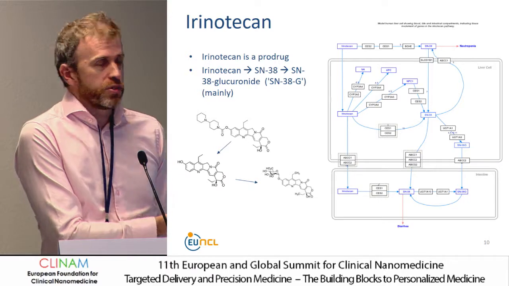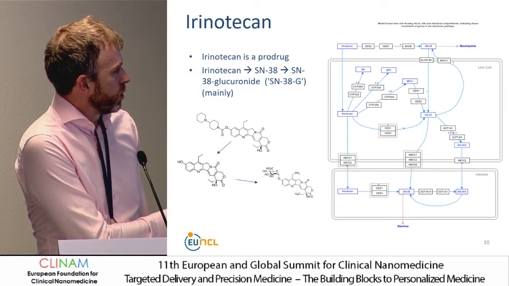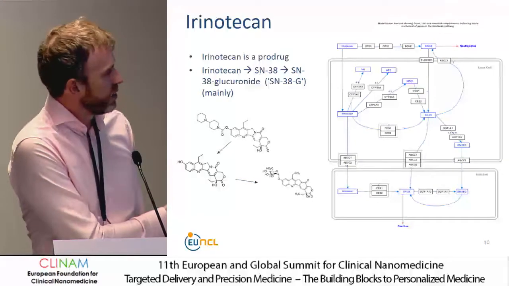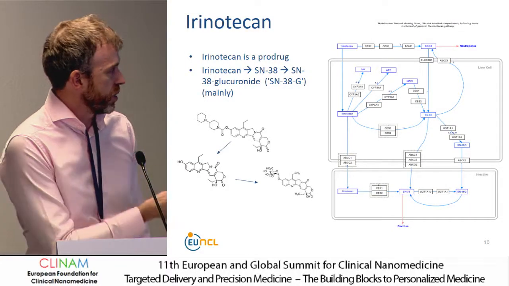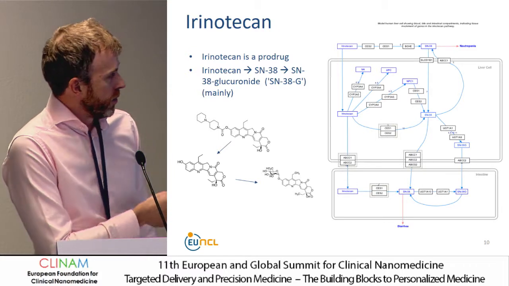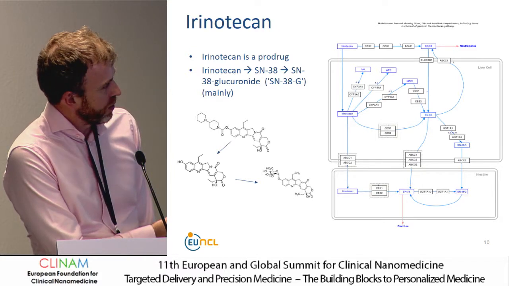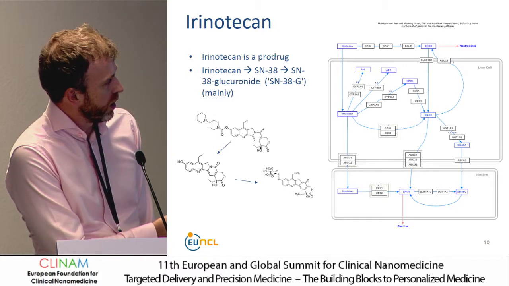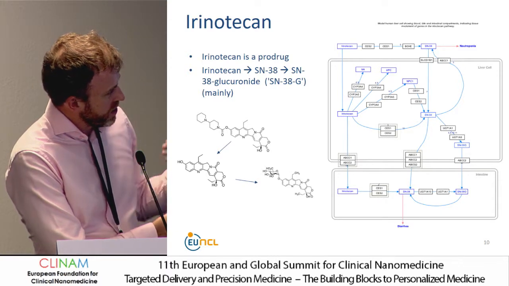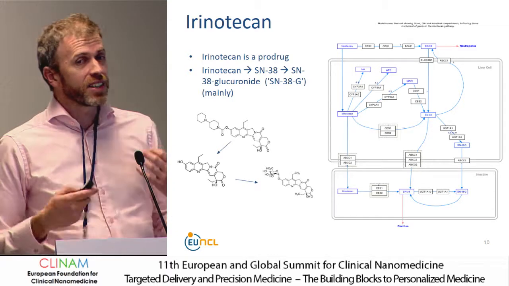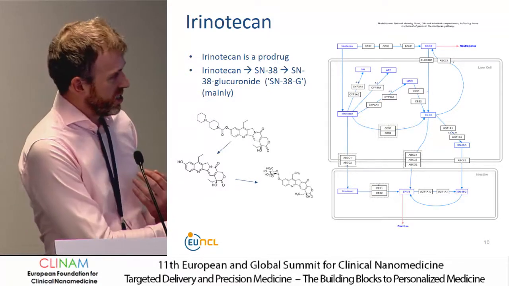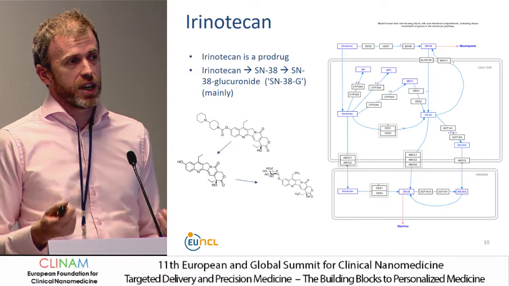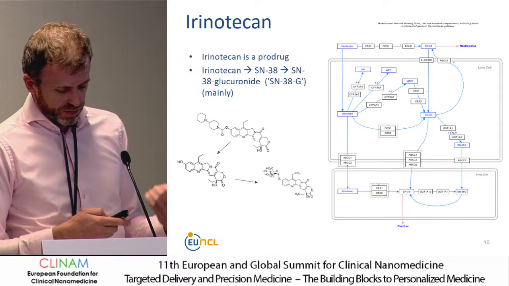When the body wants to get rid of it, it gets glucuronidated, and this increases the solubility a lot, and it's excreted. A tricky bit about Irinotecan is that the glucuronidated compound is excreted into the intestines, and in the intestine you have bacteria which chop off the sugar moiety, regenerate SN38, and give you diarrhea. So it's a bit of a tricky compound to handle.